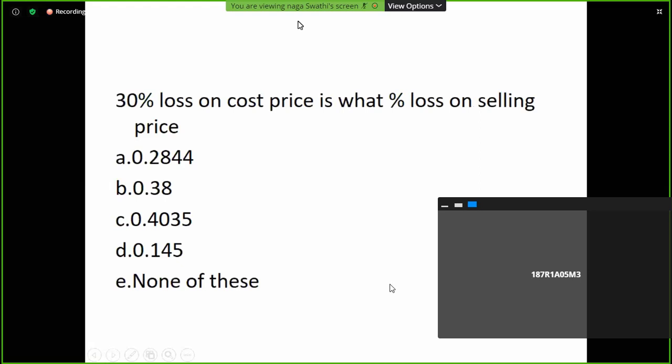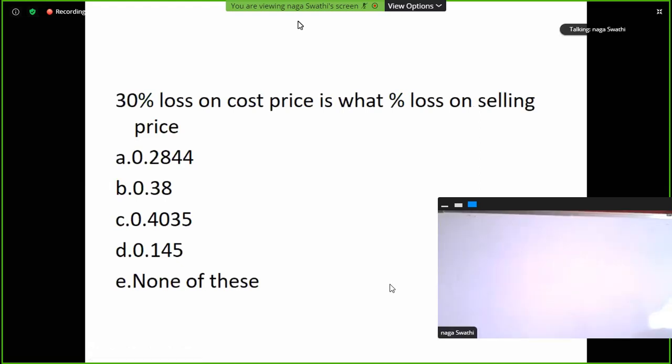Next one, 30% loss on cost price is what percent loss on selling price? Okay, so here cost price is always 100 percentage.